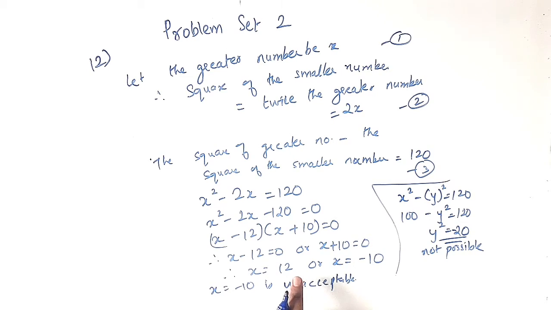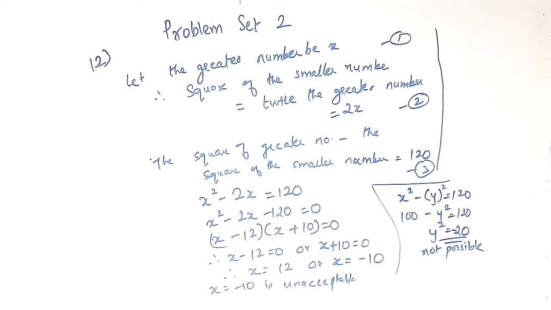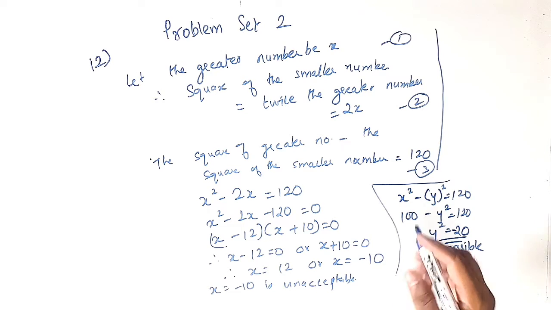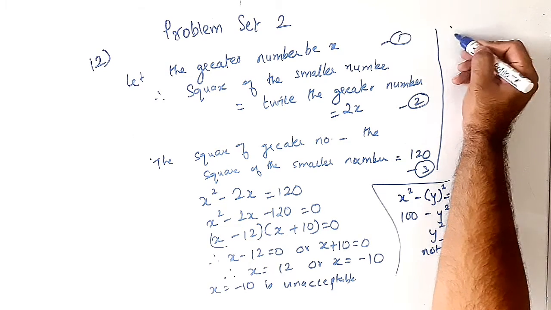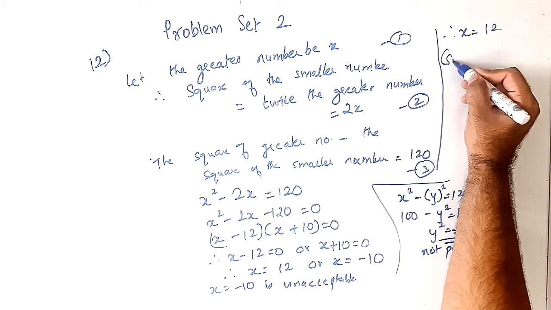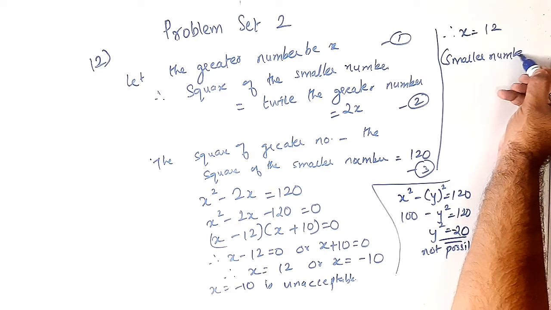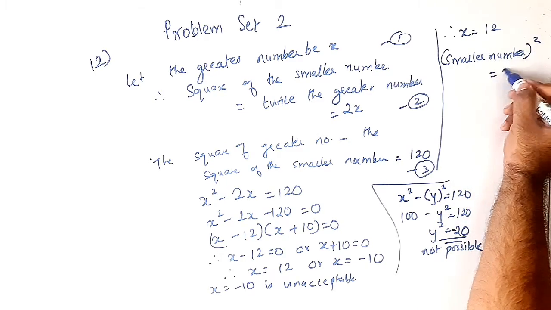Now let us find what is the smaller number and what is the greater number. Therefore x is equal to 12. Now the square of the smaller number is equal to 2x.